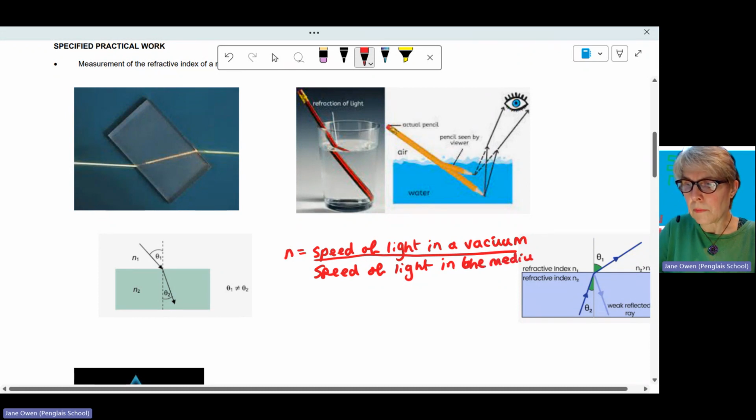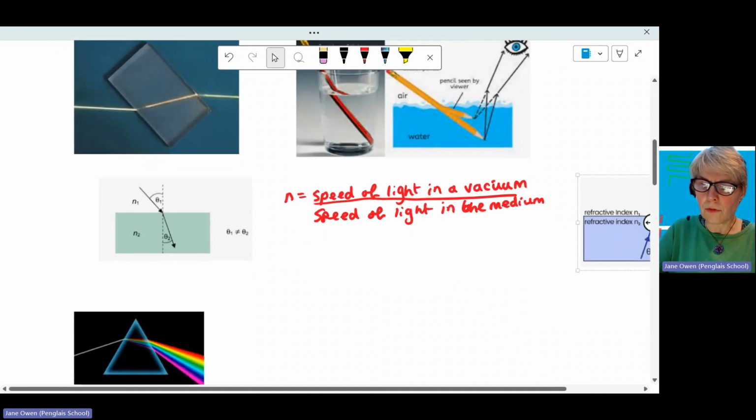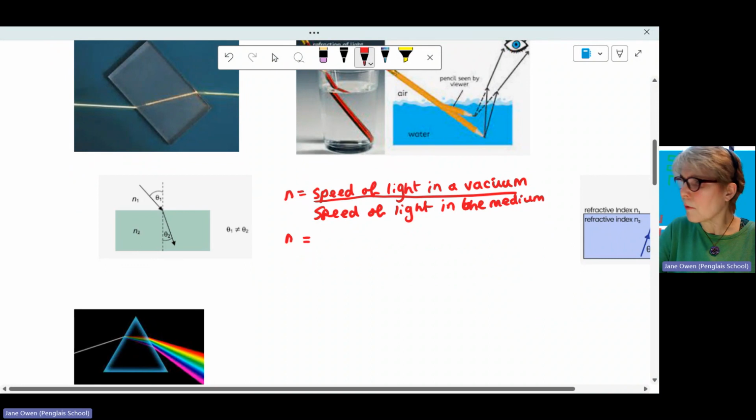I'll give you a few examples, but before I do that, I want to just show you a few symbols. So n equals c, the speed of light in a vacuum, over v, the speed of light in the medium.